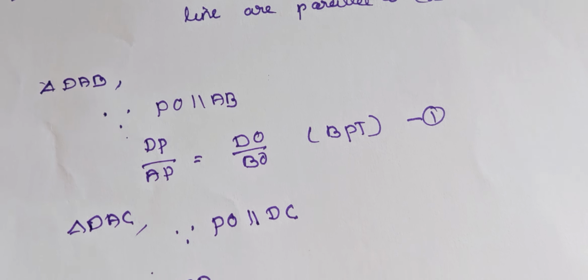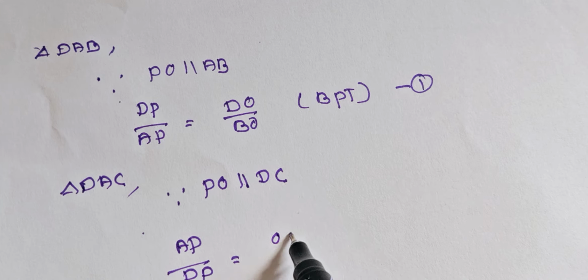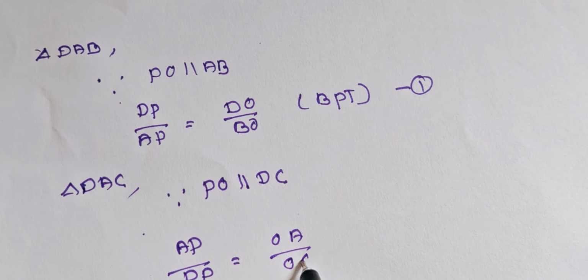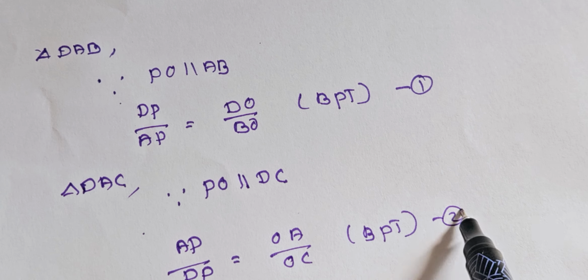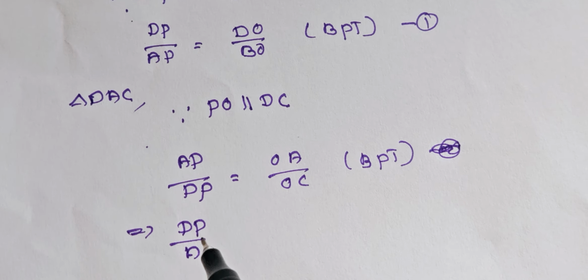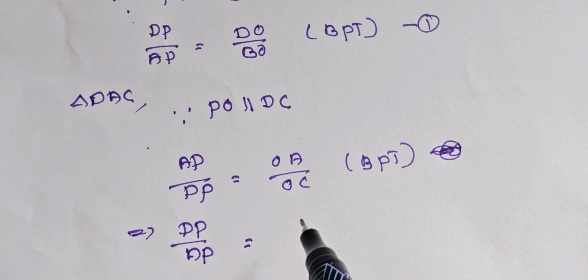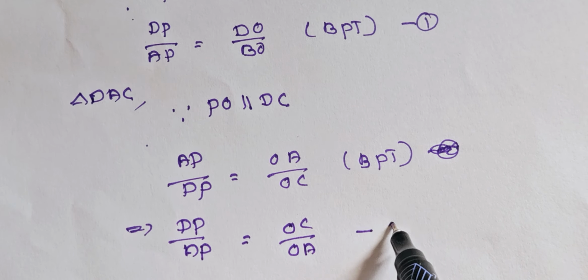Same reason, basic proportionality theorem. Now taking reciprocal, we get DP by AP equal to OC by OA. Number this one as second equation.